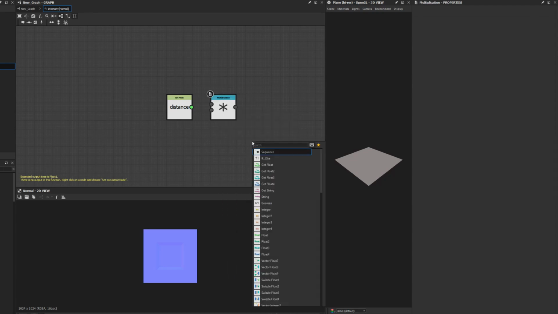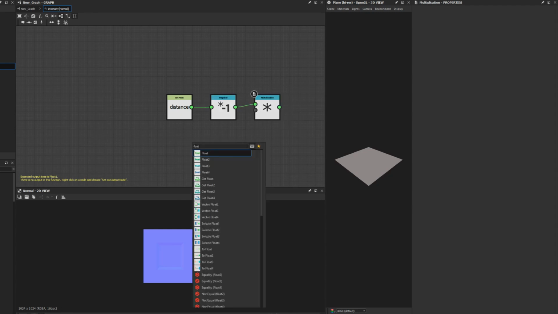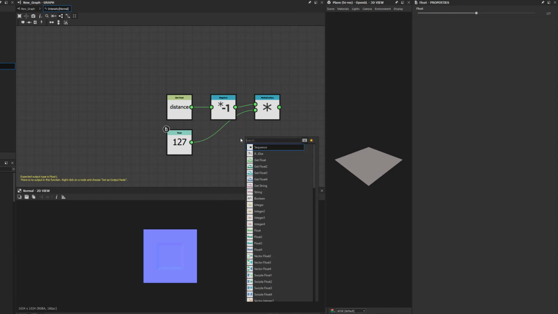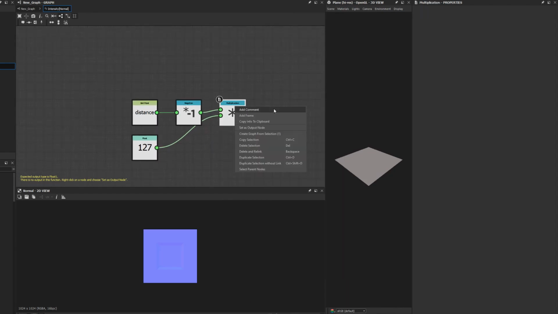We'll need multiply, and then we need negate. That's just going to invert that, so it makes a positive number. We'll grab a float, and we'll make that 127 or 128, whatever you believe in. And that should do it. We'll make the multiply the output node. And that's about it. That looks to be working pretty well.